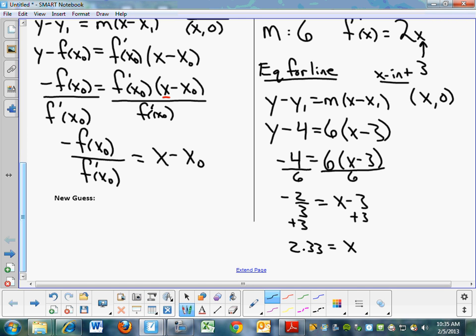What are we trying to solve for? So what do I do? Add x sub 0 to both sides. And if you do that, I'm just going to write the equation in reverse order here. You get x equals x sub 0 minus f of x sub 0 divided by f prime of x sub 0.